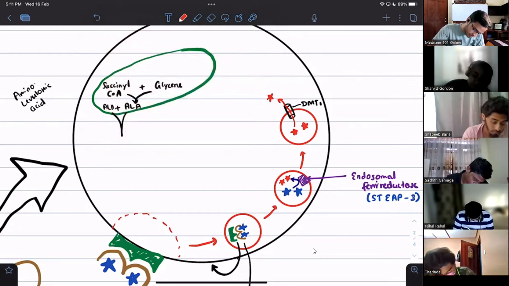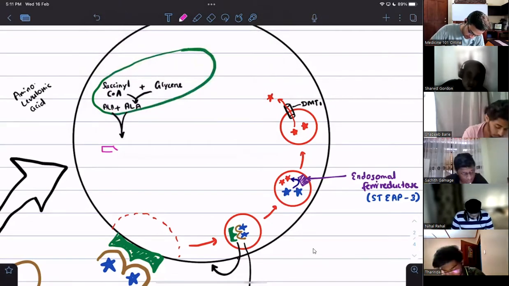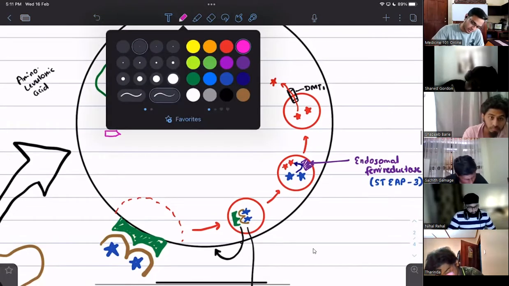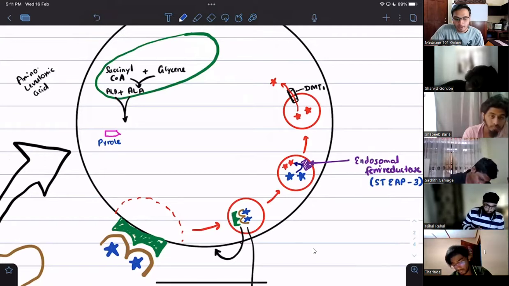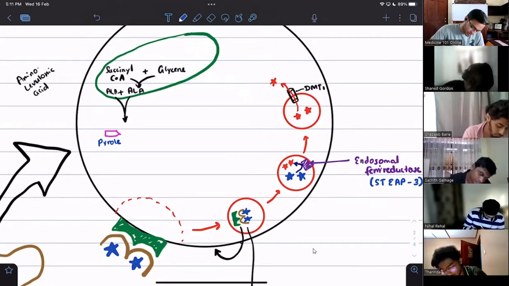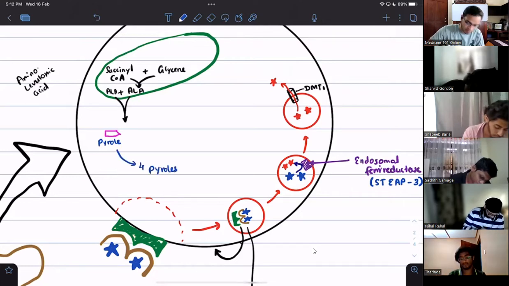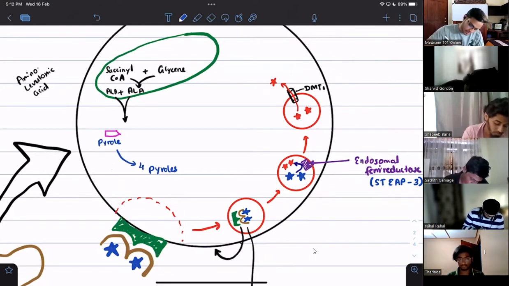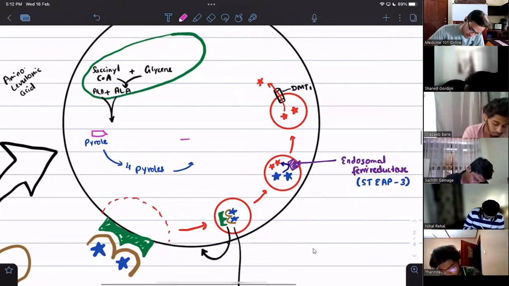Let me draw it in a different color. I'll draw it in pink, to form what we call a pyrrole molecule. Four such pyrrole molecules, 4 pyrroles, get together to form what we call, look at this structure.